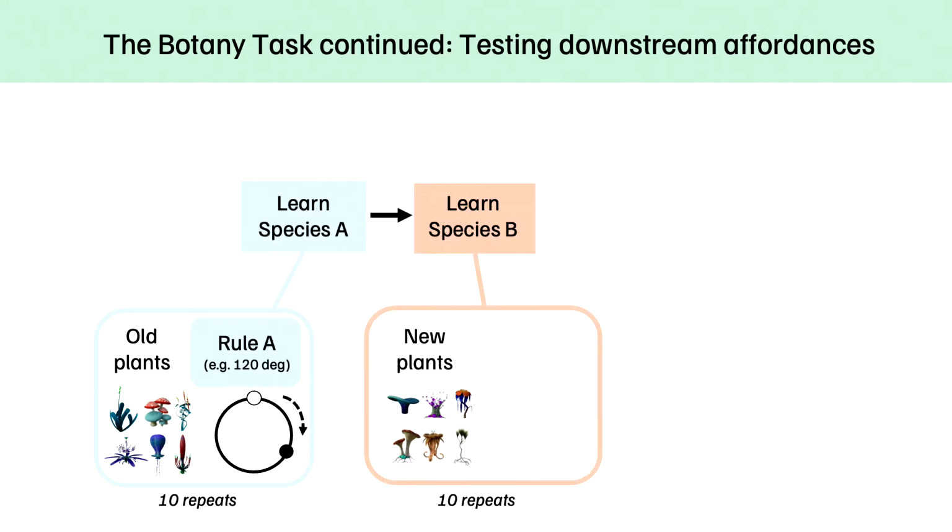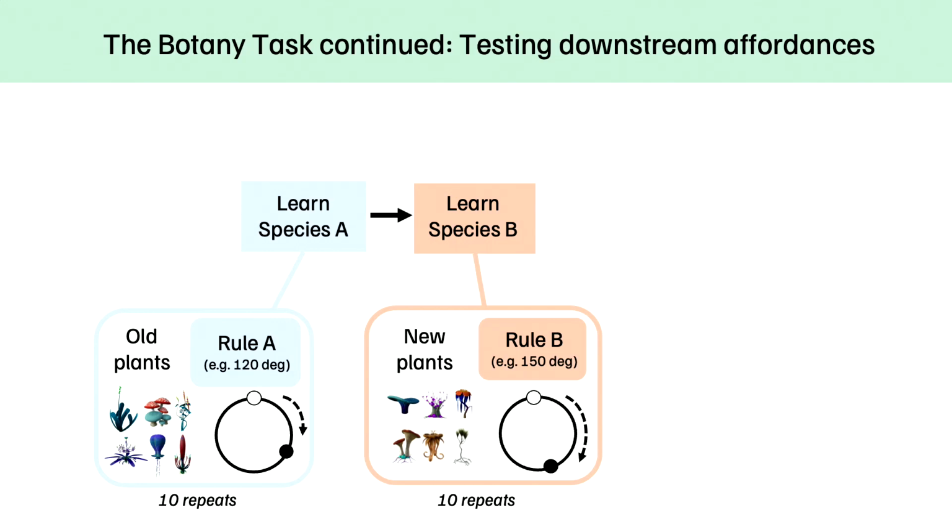After that, we trained people on a second task, which is learning a species B, which is 6 completely new stimuli, for which there is a second rule that is similar but not identical to the first. We can think of this as transfer: you should be able to learn the rule faster, but also at the cost of potentially interfering with memory of that first task.